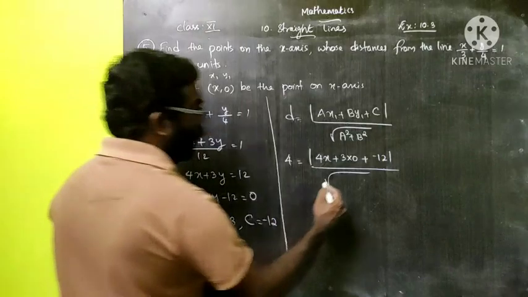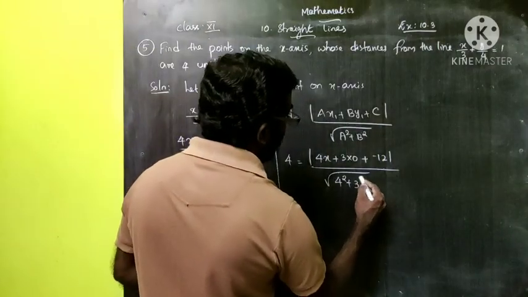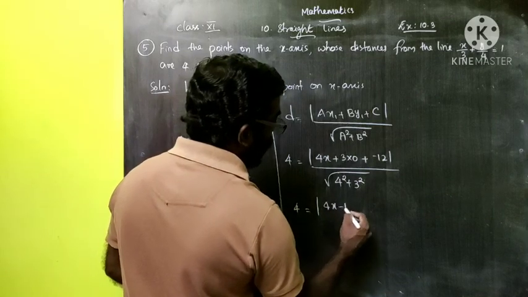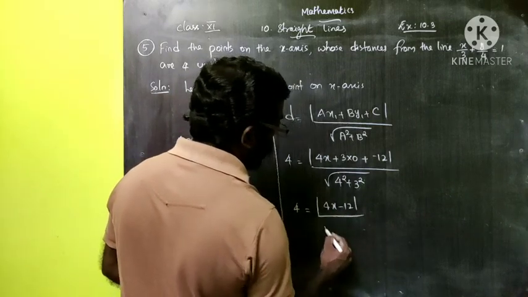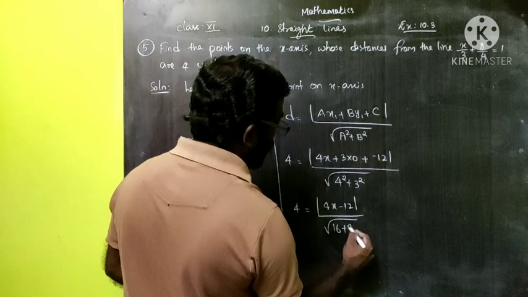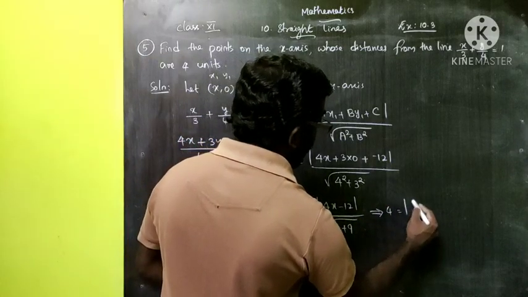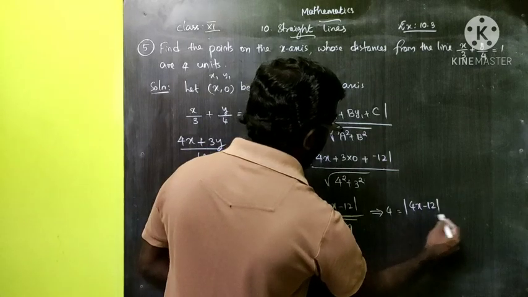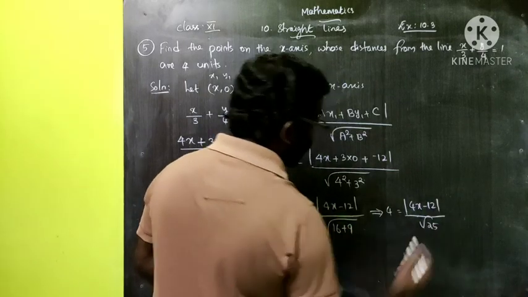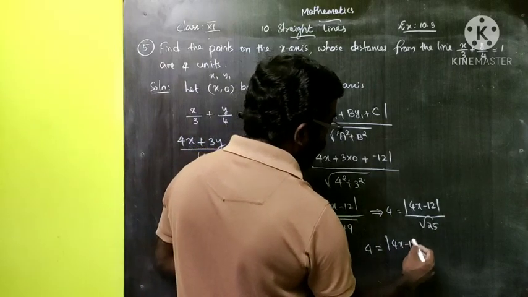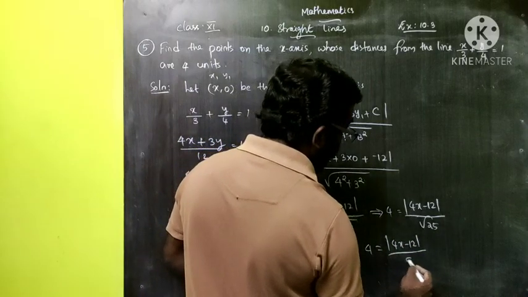Here it is 4 and 3, so root of 4 square plus 3 square. That is 4 is equal to modulus of 4x minus 12 divided by root of 16 plus 9, which implies 4 is equal to modulus of 4x minus 12 divided by root 25. Or we can write 4 is equal to modulus of 4x minus 12 divided by 5.